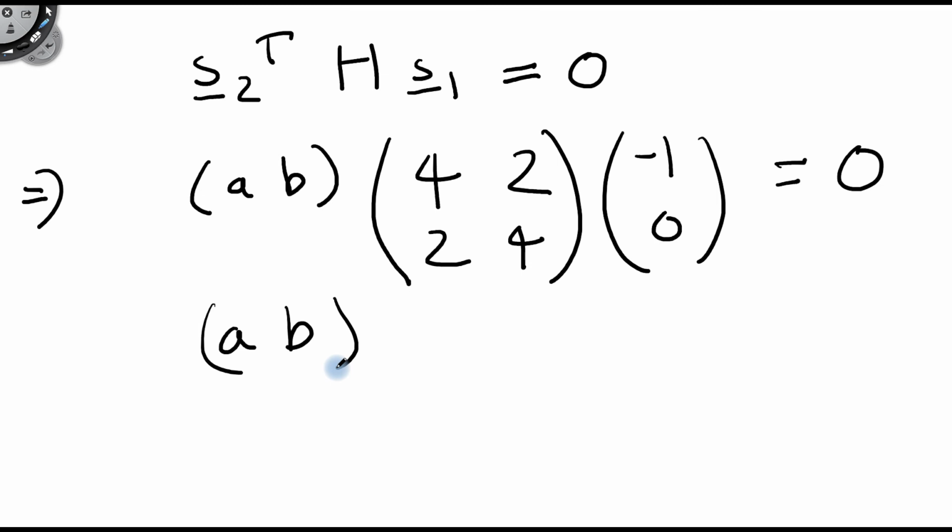Given a vector, it's -4 at the top, because you multiply 4, 2 by -1, 0. And on the bottom you have -2, because you get from 2 down to -2.